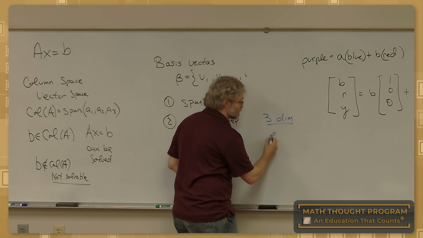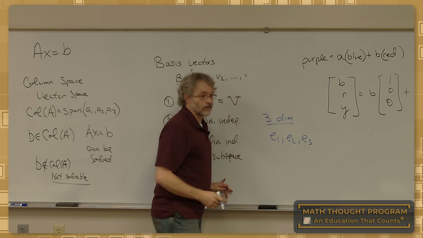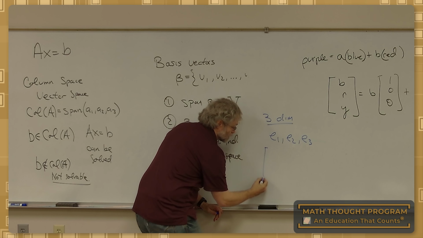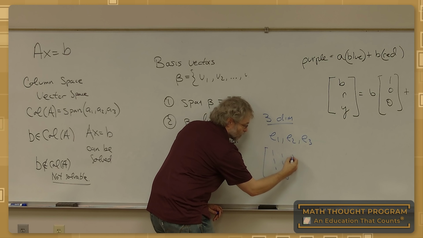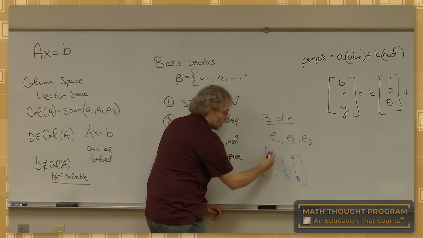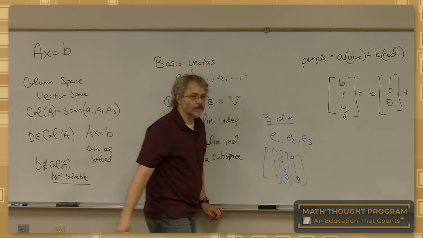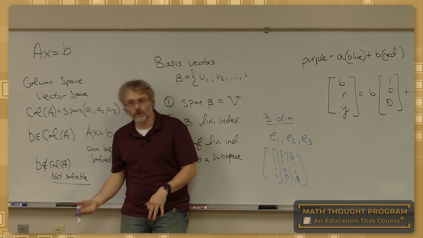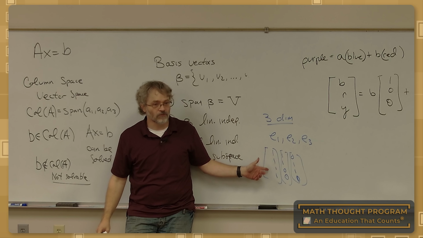The natural choices are things such as e1, e2, and e3. But you can also pick these vectors right here. Those vectors would also form a basis set for the third dimension, which is embedded in the fourth dimension, since we're talking about 4x1 vectors.